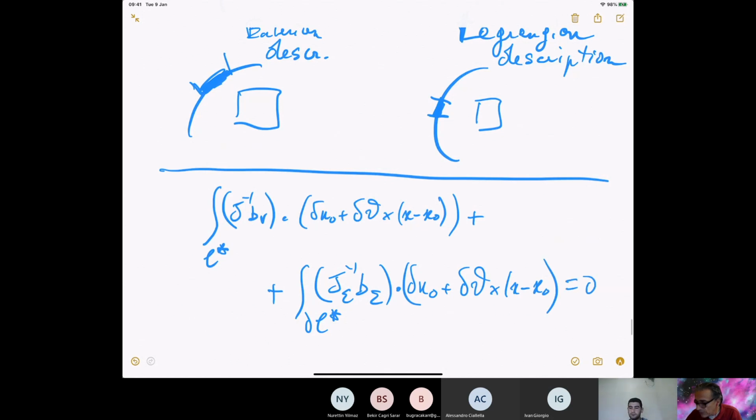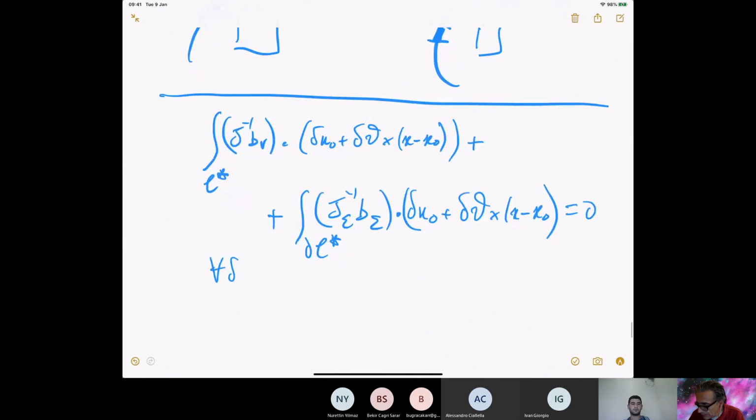This is equal to 0 for every delta U0 and for every delta theta.